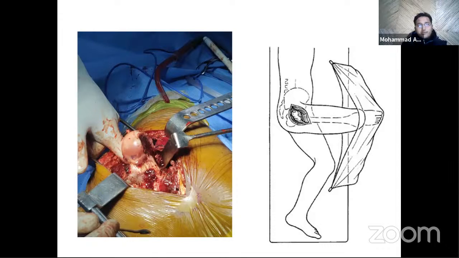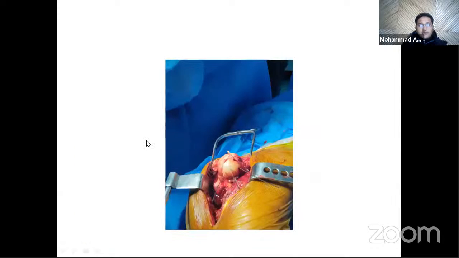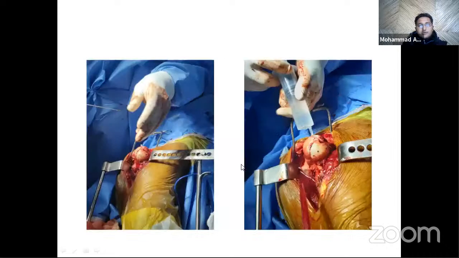And here you can see the patient that I initially showed the X-rays of. Here is the fracture. It's a shear fracture of the anteromedial surface of the femoral head. The femoral head fragment was washed and curated, provisional fixation was done with guide wires, and Herbert headless screws were passed and countersunk, and reduction was achieved.